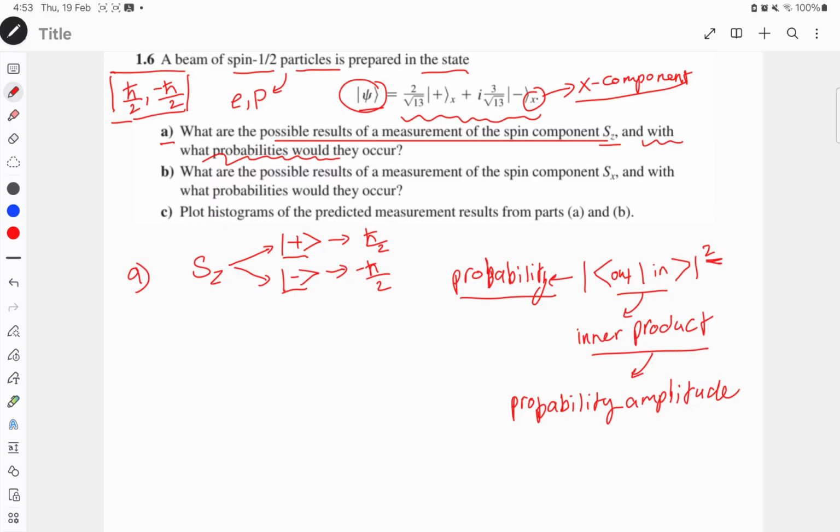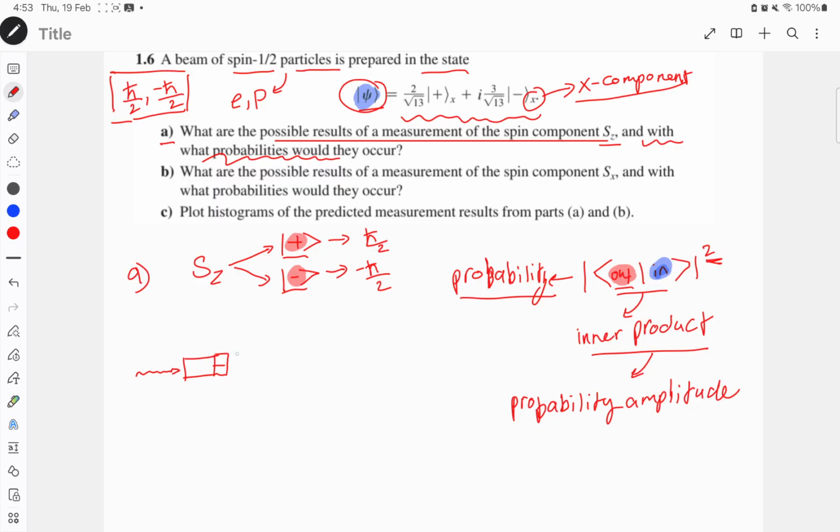The out state, we mark as red, and the in is the state that the particle is prepared in, as it came to the analyzer.